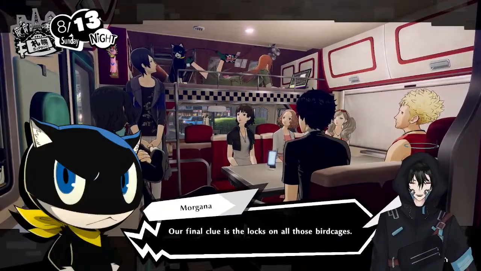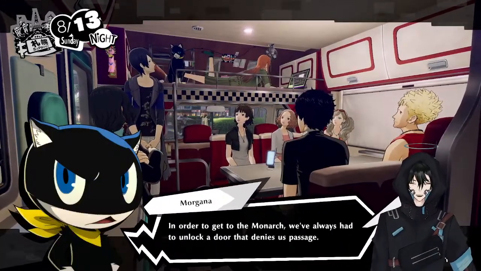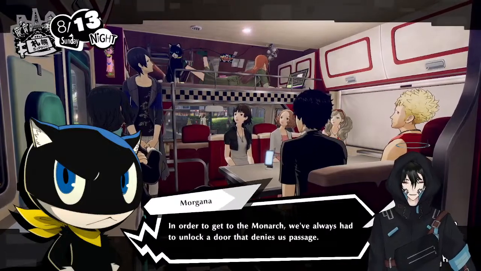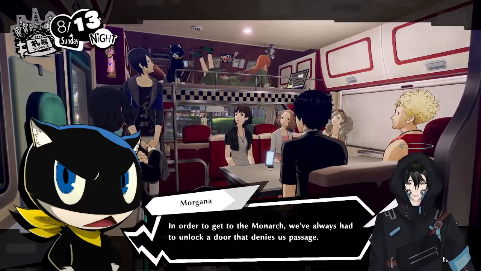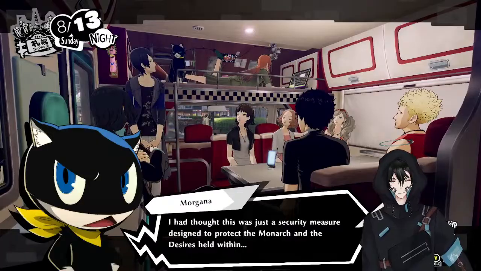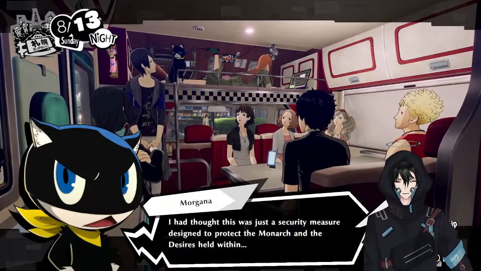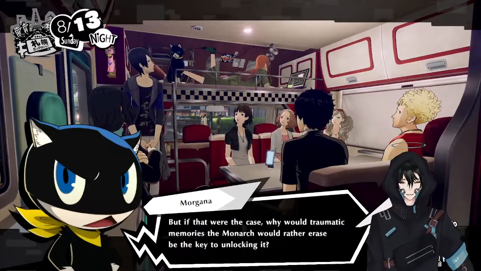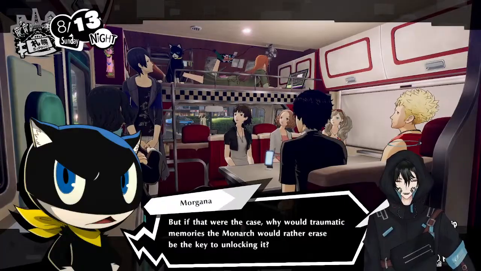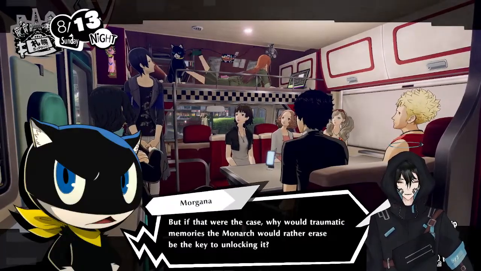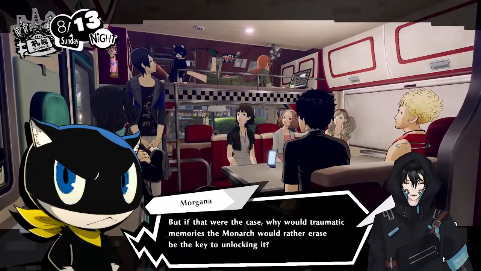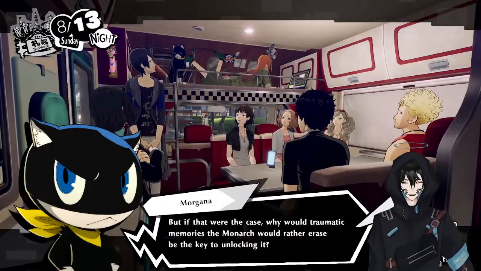Our final clue is the lock on the bird cages. In order to get to the monarch, we already had to unlock a door that Narcissus has. I had thought this was just a security measure designed to protect the monarch. But if that were the case, why would the traumatic memories the monarch would rather erase be the key to unlock it?